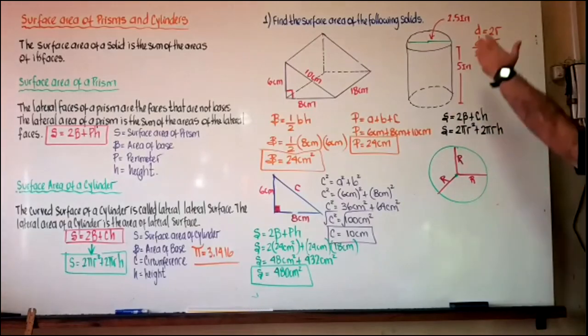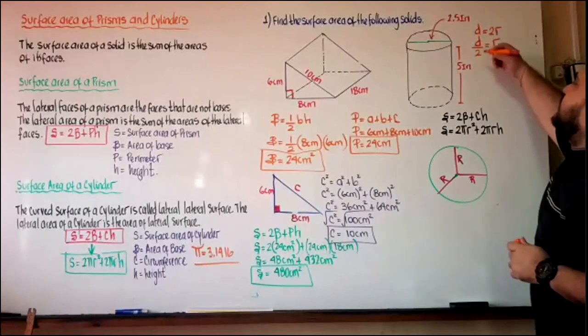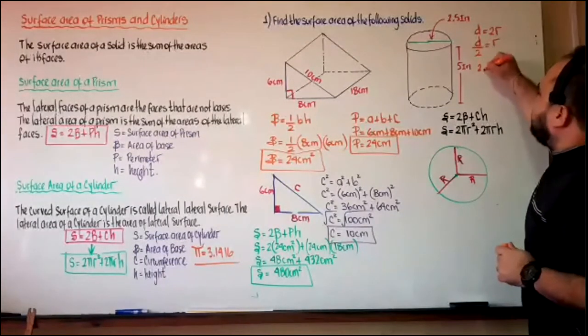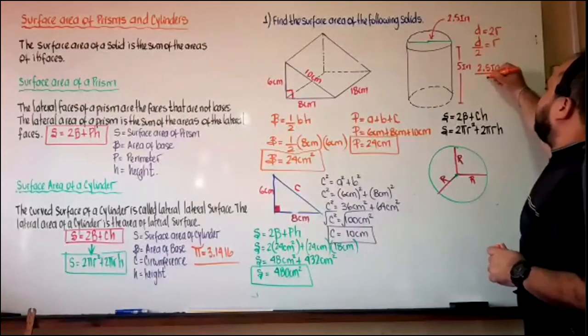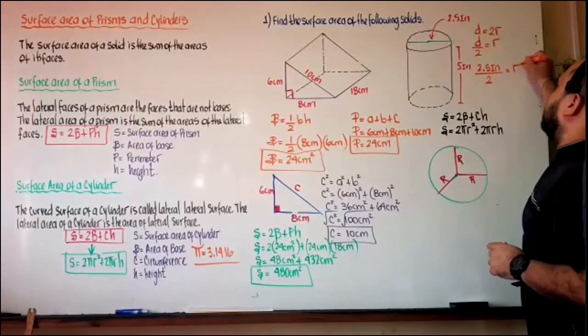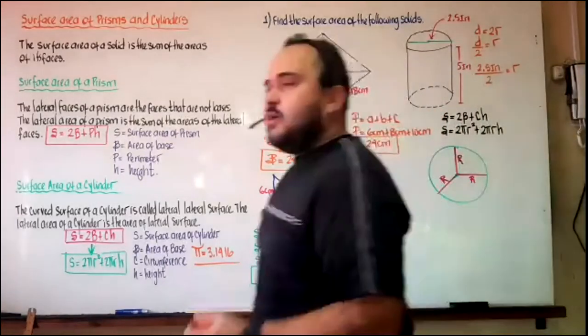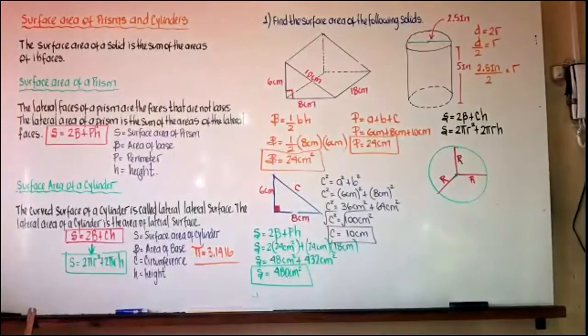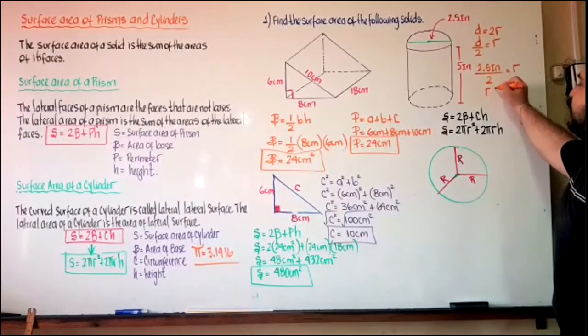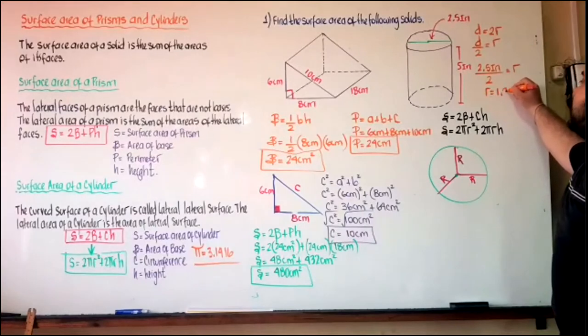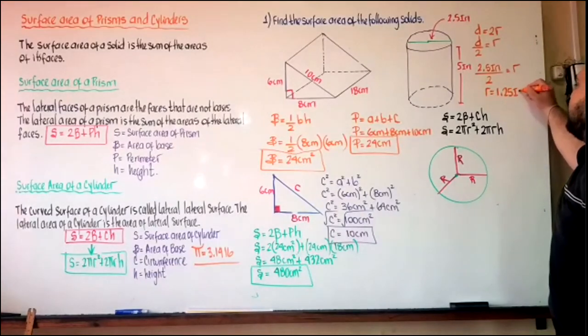The value of this diameter is 2.5 inches. 2.5 divided by 2 gives the radius: 1.25 inches.